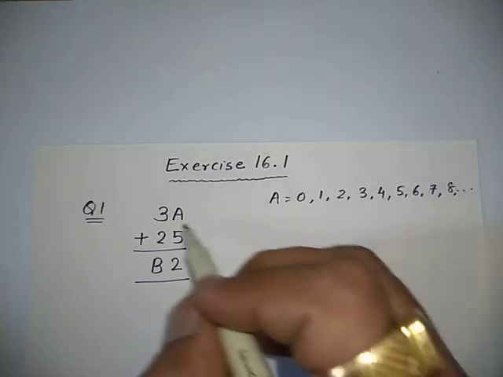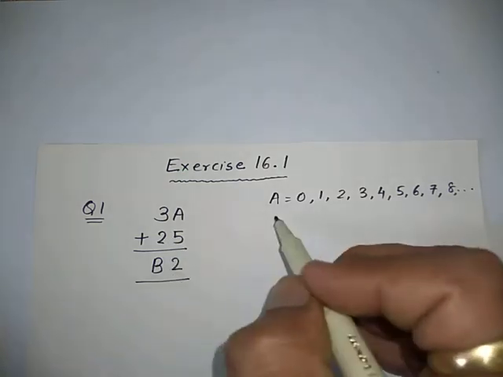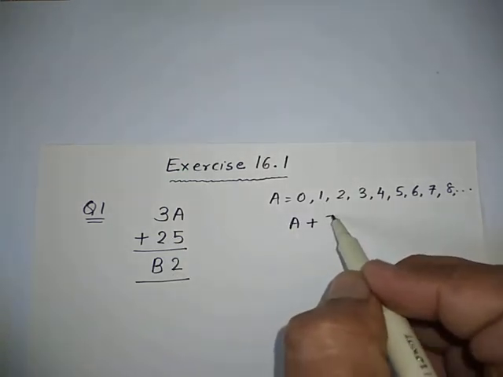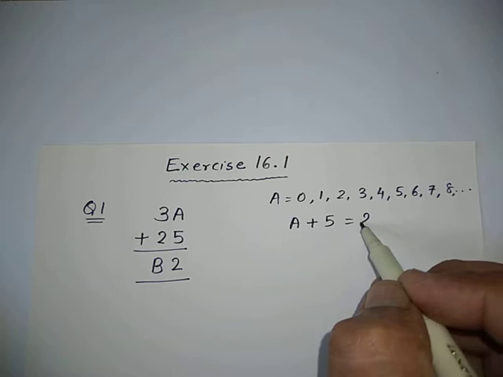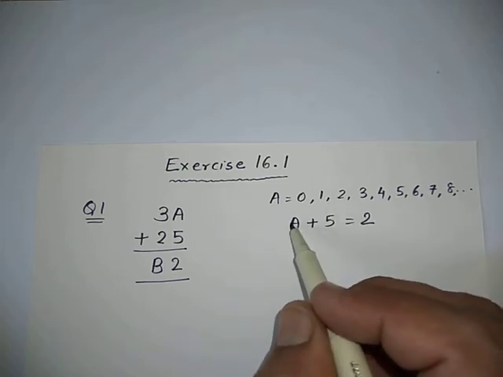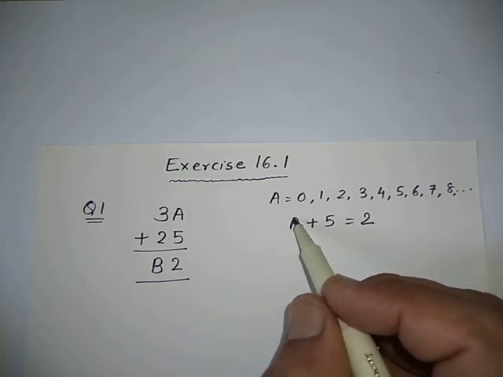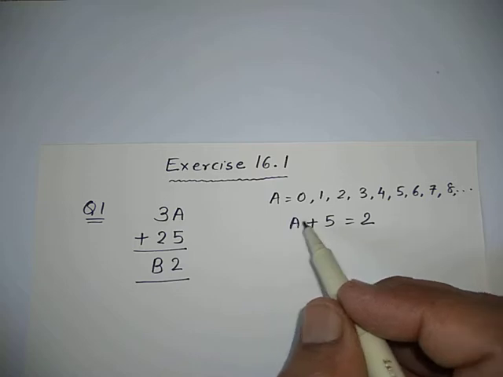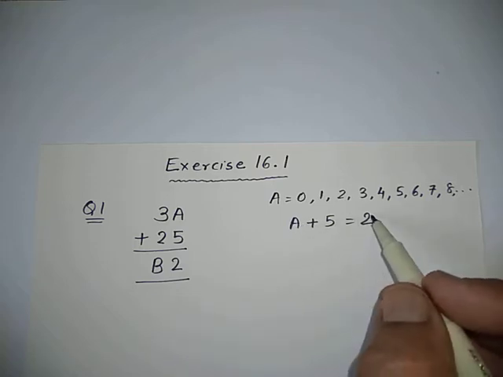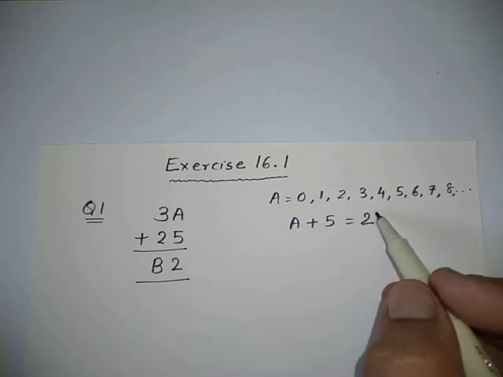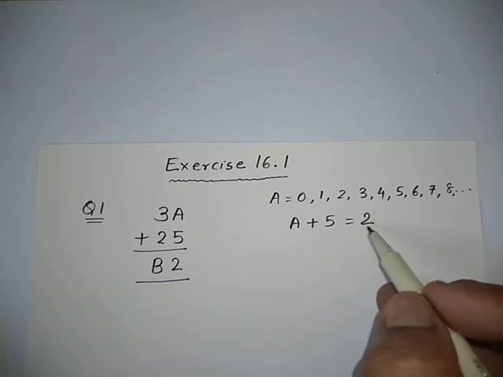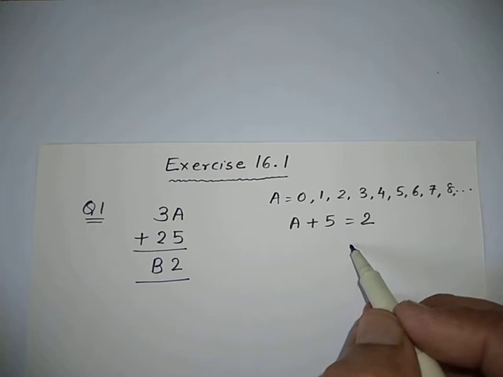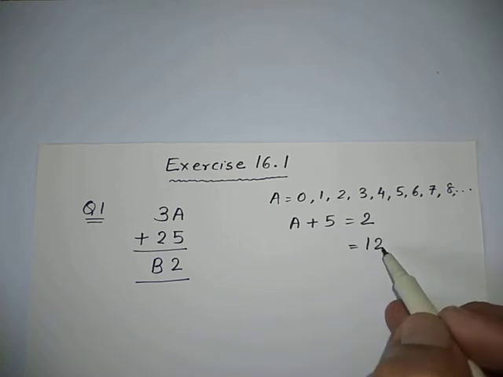We will start with unit place digits, so A plus 5 I should get 2. But if I put the value 0 in place of A, then 0 plus 5 it will be 5, which is more than 2. So we have to take such a number having unit place 2 as a result. So it will be next, 12.